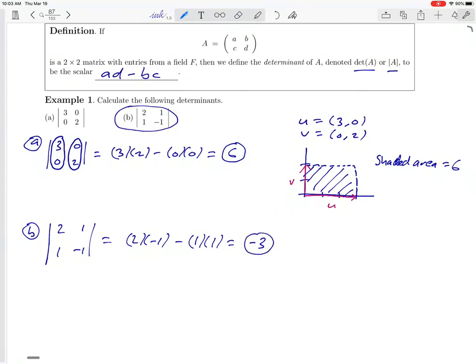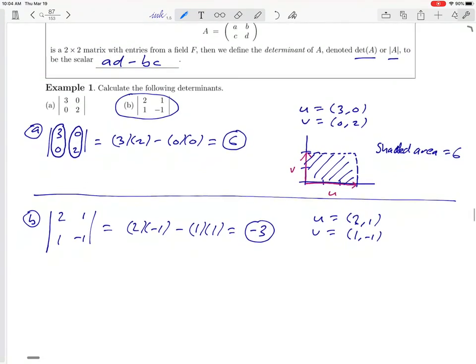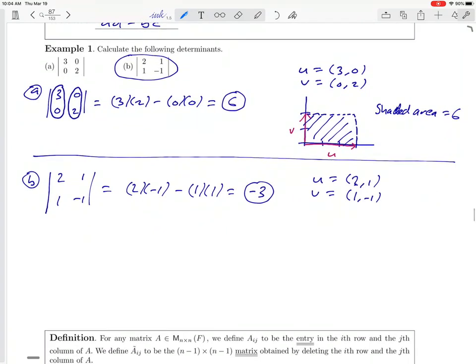Okay, and this also has a similar geometric interpretation. Okay, if we think of the columns again as being two vectors, this time we'll let U be the first column, 2, 1. Okay, and V will be the second one, 1, negative 1. Okay, let's scroll up just a little bit here.